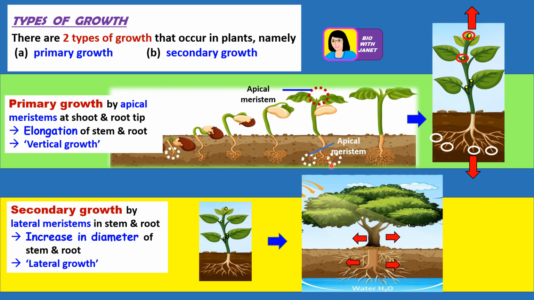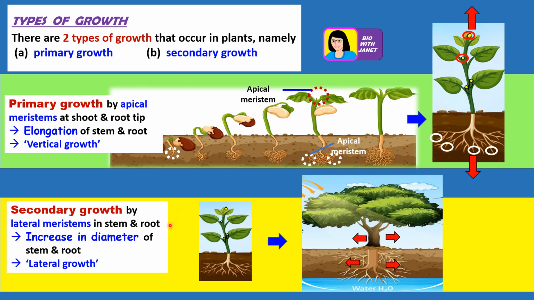They are both responsible for the elongation of the stem and the root, and primary growth is loosely called vertical growth. At the shoot tips and the side buds we have the apical meristems, and also at the root tips. Then you can see the increase in height of the plant as the primary growth occurs.